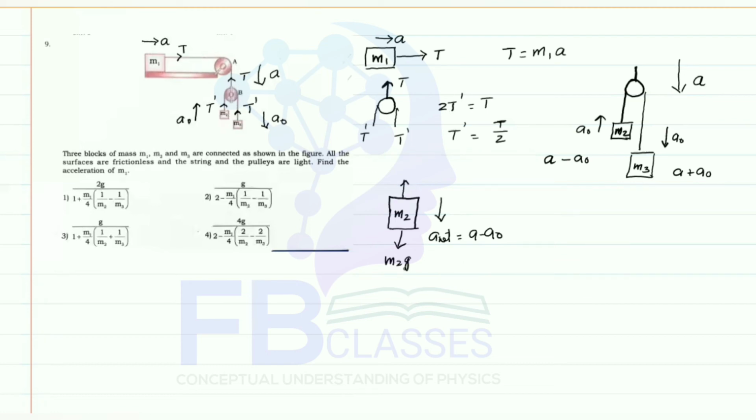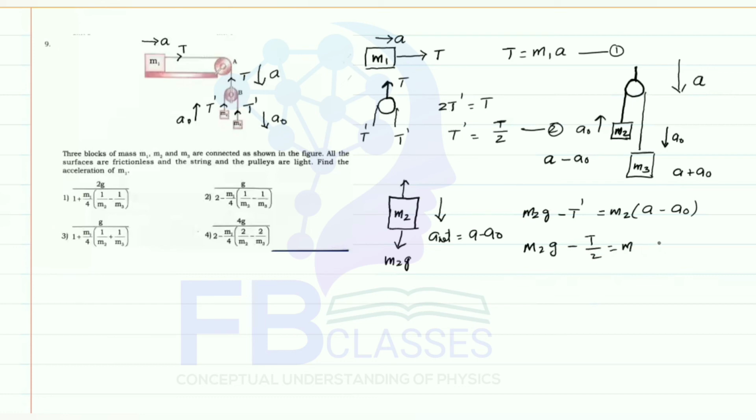Yes or no? Now if I write the equation for this M2 block, it becomes M2g minus T dash is equal to M2 into a minus a naught. Yes or no? So now M2g minus T dash is nothing but what, my dear?